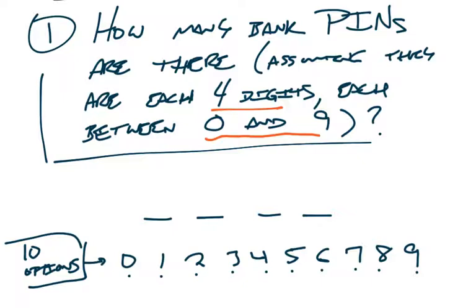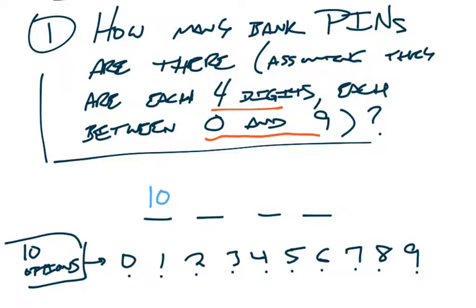And we've got 4 spaces to fill. So, if you ask yourself, okay, I'm trying to create a PIN, how many choices do I have for the first number in this 4-digit PIN? Well, I've got all 10 numbers available to me. So I have 10 ways that I could make that first decision.